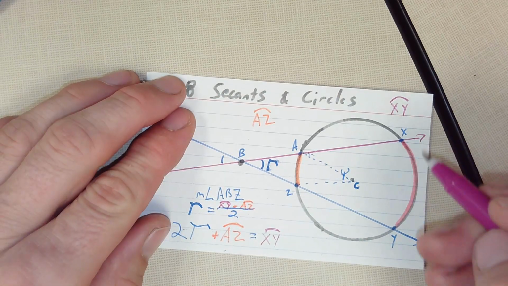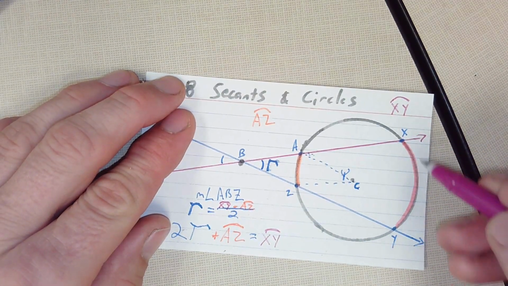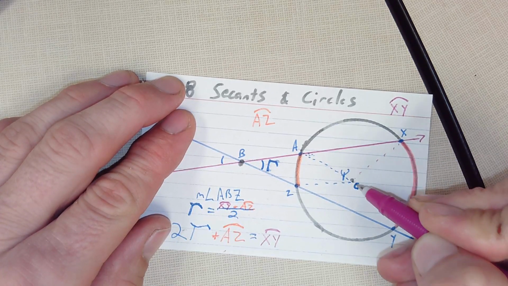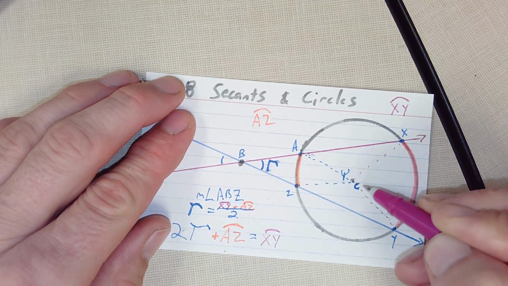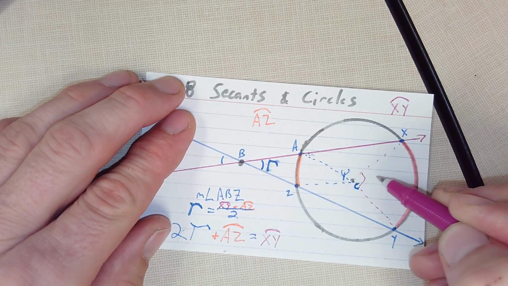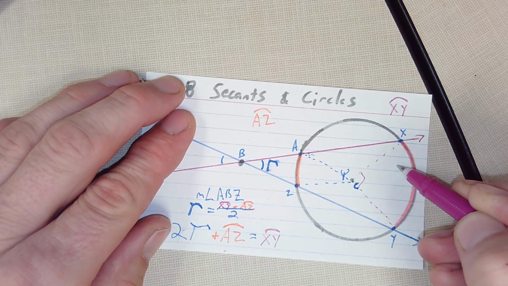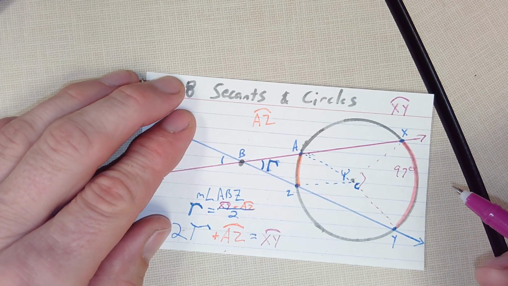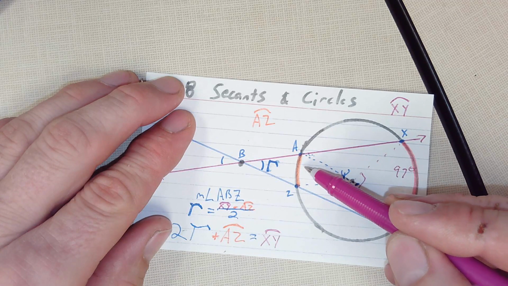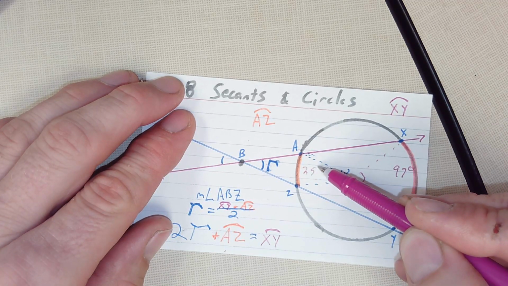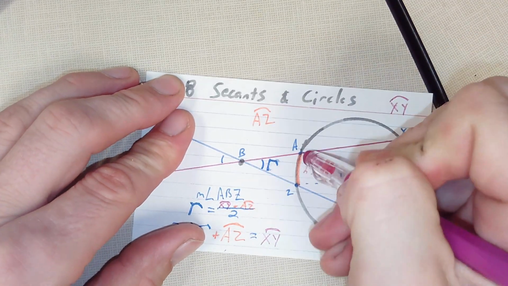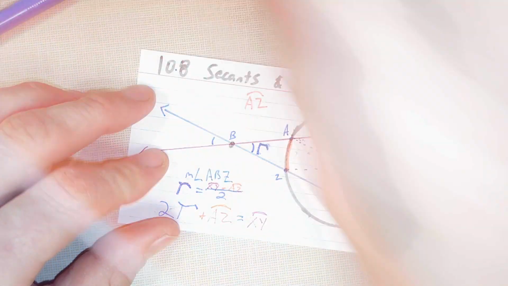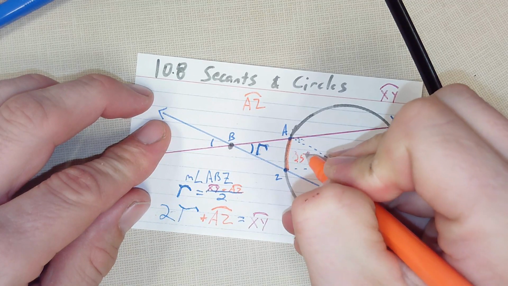So say, for instance, this was 97 degrees, okay? And this is 25 degrees. Should be orange. This is orange. This is 25 degrees.